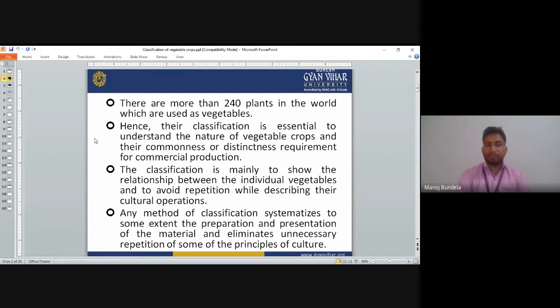The classification is mainly to show the relationship between individual plants and to avoid repetition while describing their cultural operations. Any method of classification systematizes to some extent the preparation and presentation of the material and eliminates unnecessary repetition of some of the principles of culture.